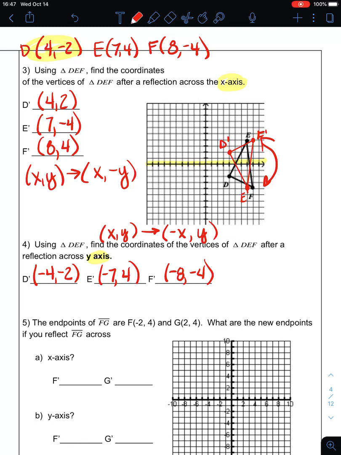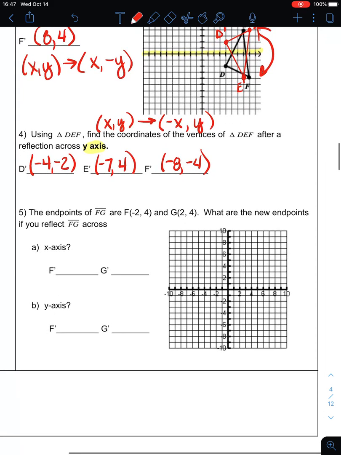Okay, so it's beneficial to not just memorize the rules, but understand why they work the way they do. So let's look at this last example. If I have F at -2, 4, and you can always draw it on a graph to see it, and then G is at 2, 4.